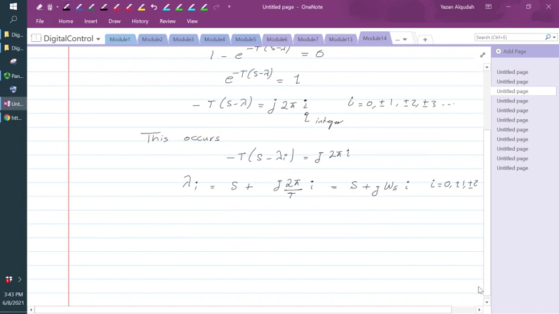Now if I look at this expression, I realize that delta T of s minus lambda I has an infinite number of distinct poles. This goes all the way to infinity.